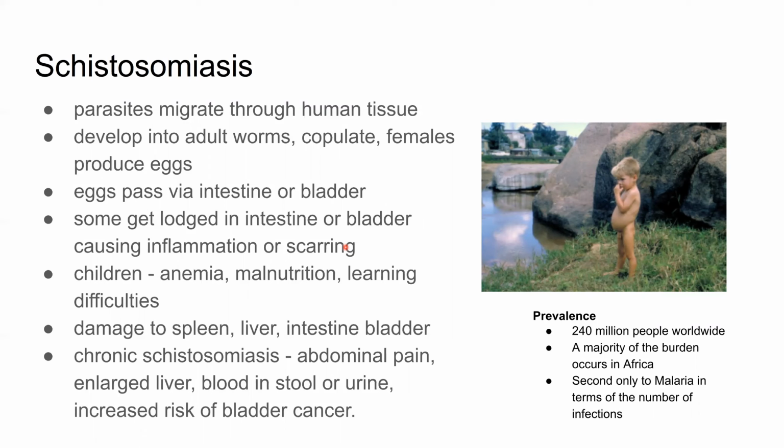They can actually do damage to the spleen and the liver. Oftentimes, people with schistosomiasis have chronic schistosomiasis. They're constantly being reinfected, and over time, that's going to result in damage to the liver. So you see children like this with an enlarged liver from chronic schistosomiasis. Ultimately, people who live with this for many years end up with increased risk of cancer as well because of the chronic inflammation.